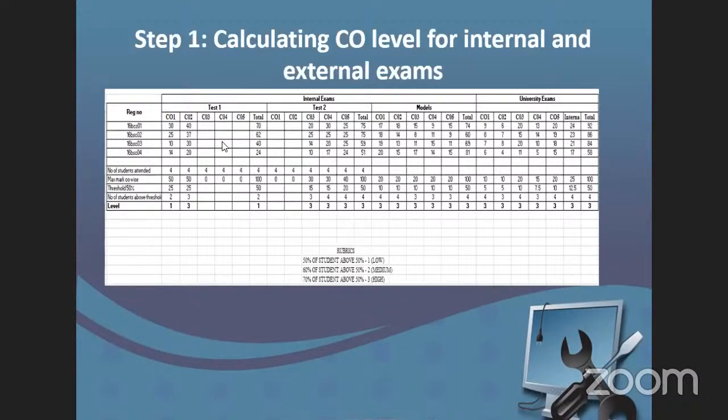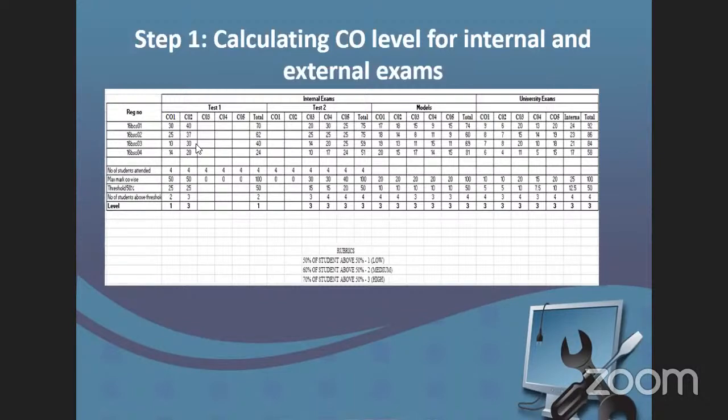Here I have assumed that CO1 and CO2 are covered in internal test 1. CO3 and CO4 are covered in internal test 2. And all the COs are covered in the model exam. Of course, all the COs are covered in the university exam.